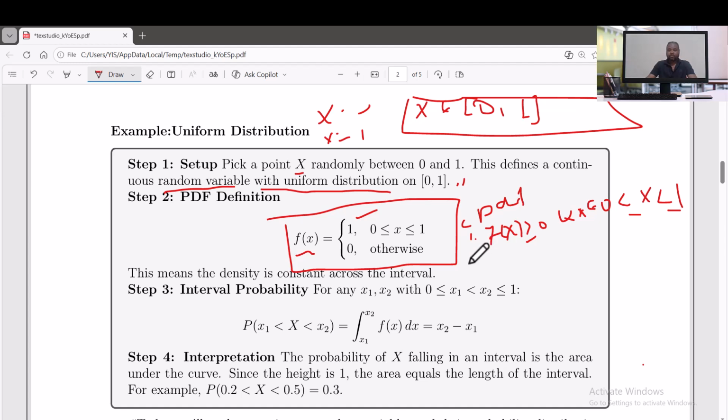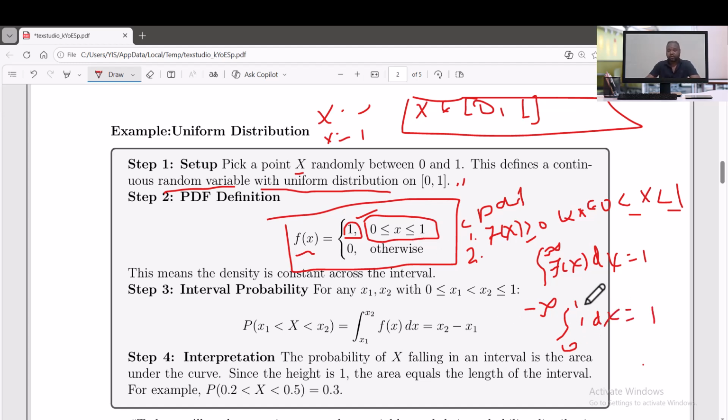The second one is, right, the integral from negative infinity up to positive infinity of f of x dx is 1, where this function is given by 1 for this interval, and 0 otherwise, meaning that this can be written as the integral of 1 dx, right?